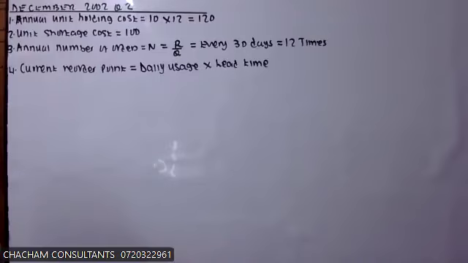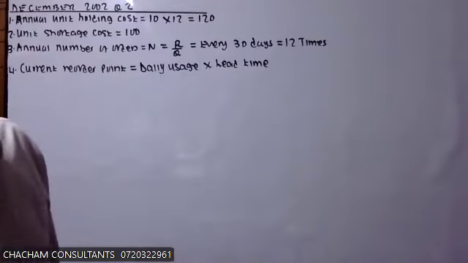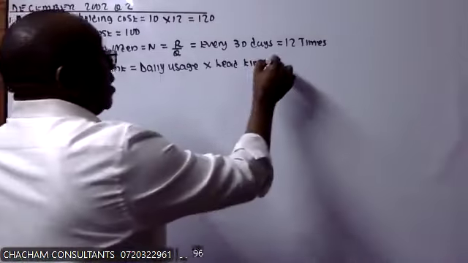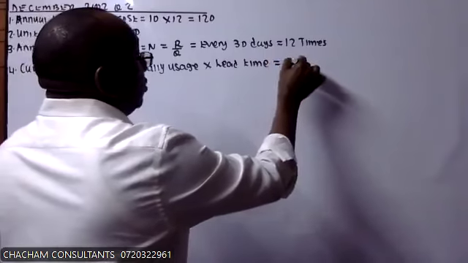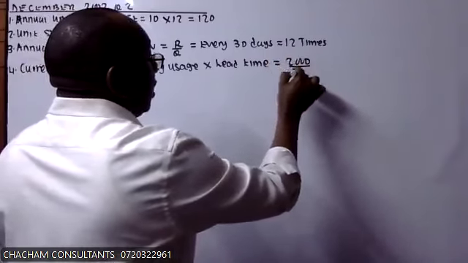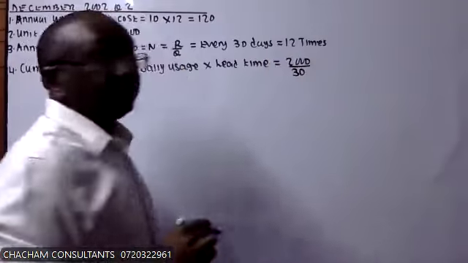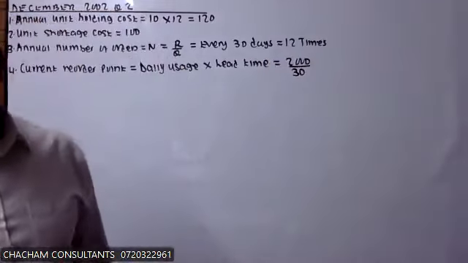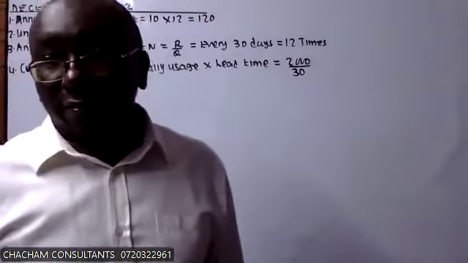So we must now be able to use this. What we are told up there is that the company is using 2,000 units every 30 days. So per day, that is what they are using.